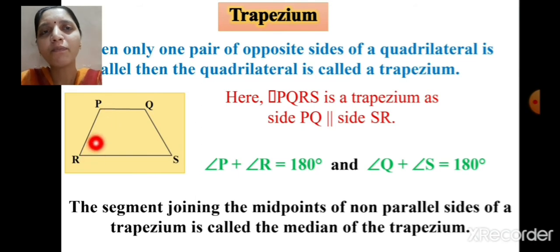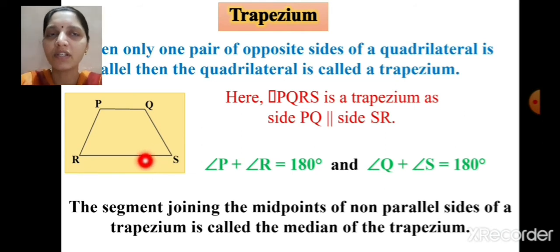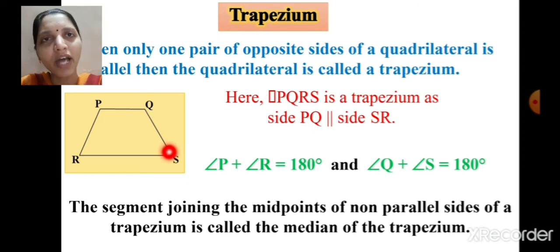These two angles P and R are on one side of the transversal if you consider PR as a transversal. Similarly, if you consider QS as a transversal, then angle Q and angle S are also present on one side of the transversal. Therefore, these two are interior angles and we know that interior angles are supplementary.